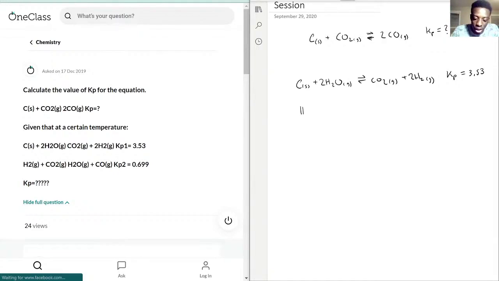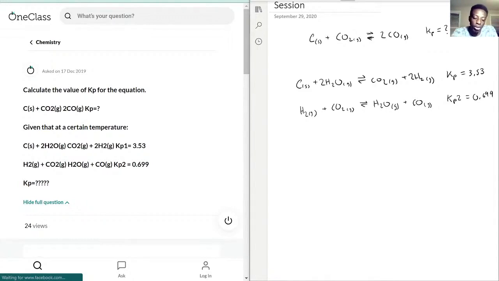Now the second one is H2 gas plus CO2 gas goes to H2O gas plus CO gas, and that would be Kp2 is equal to 0.699. So this one is kind of more reactant favored.